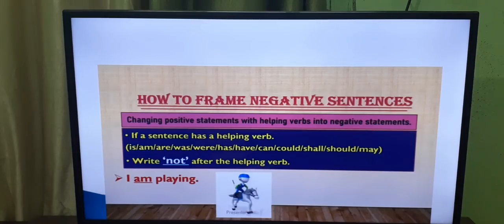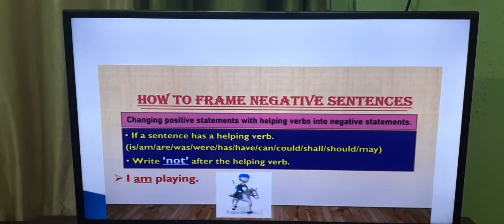Now, let us take an example for better understanding. I am playing. So children, let us find the helping verb over here. Yes, I underlined it for you. It is am. This am is a helping verb in this sentence, and it is used with a main verb, that is playing.